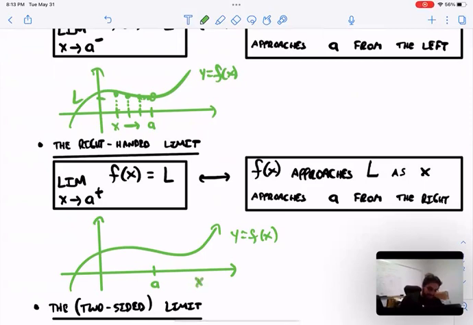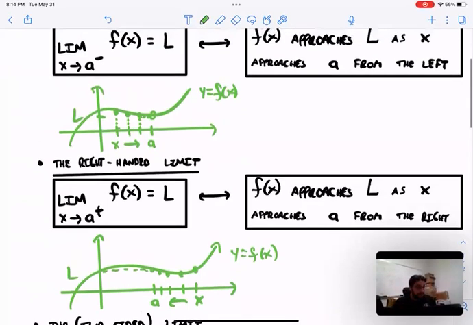So you could have x now going to a this way, and you can imagine picking different x values, and then you track what the y values are as x approaches a, and you see what that y value is that's being approached. And again, we can call that L. Right, L is the y value that's being approached as x approaches a from the right.